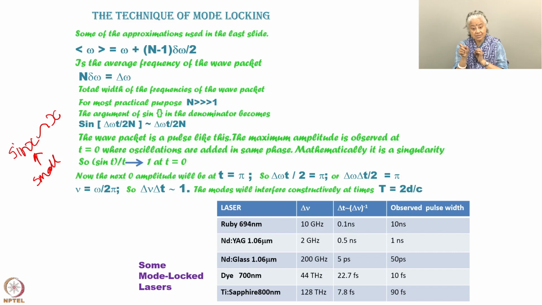If there is a fuzziness in delta t, then delta nu will not be so exact. So, it is something like the uncertainty principle. It is the time bandwidth product. It is a very famous product, time bandwidth, because this is the time and this is the bandwidth. Time bandwidth product is equal to 1, something like the uncertainty principle.